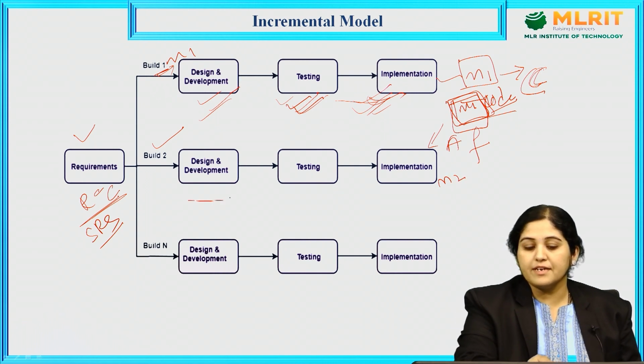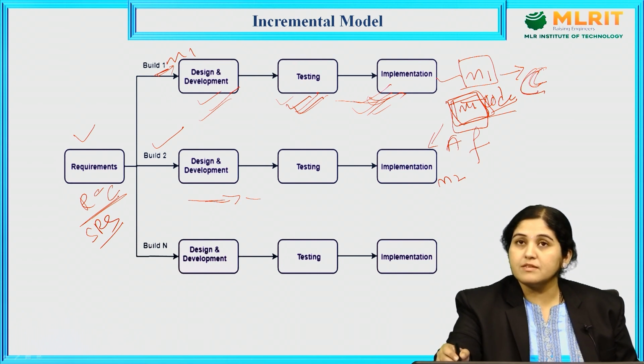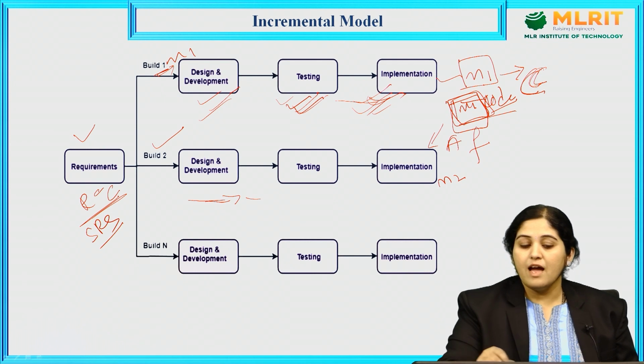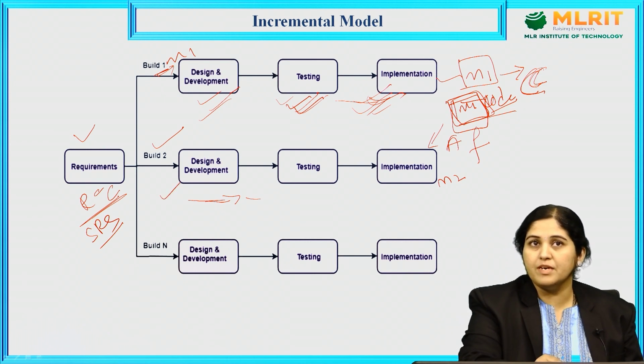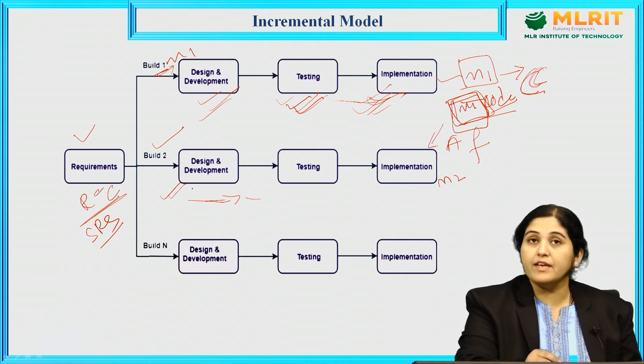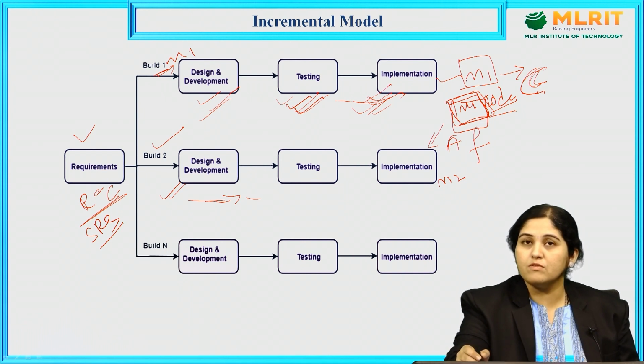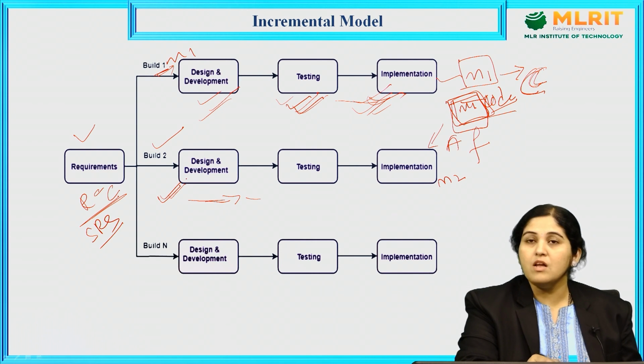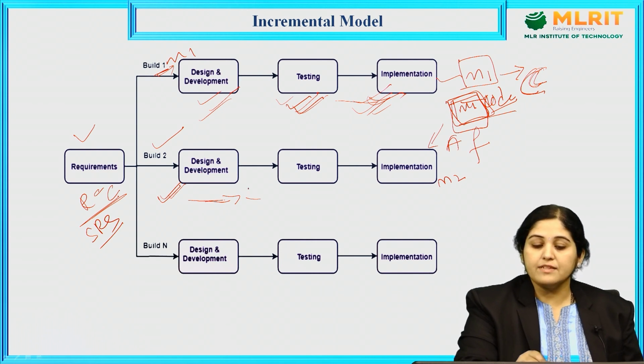It is under some development or design process. At that time, the customer who is using module 1 is going to either add some new features in build 2 or module 2, or he may think, after using module 1, that I have to remove some of the features from module 2. So like that the process will go.